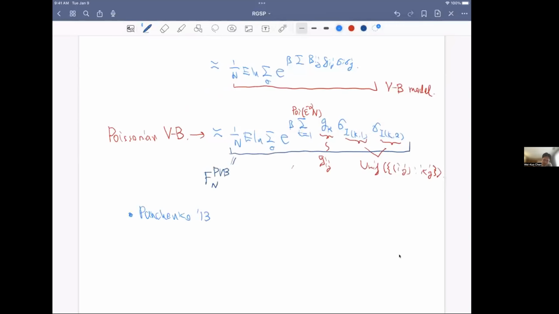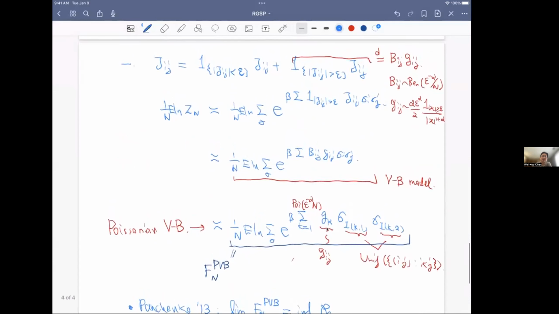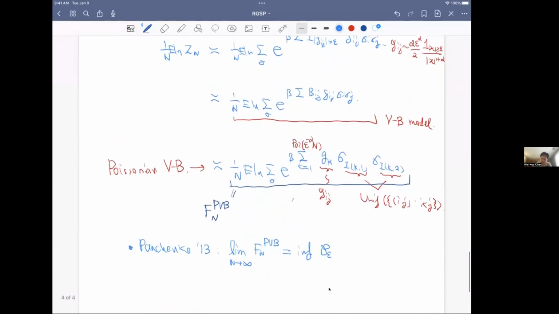He proved that the limiting free energy of the Viana-Bray model can be written as the infimum of a variational principle, a functional P parameterized by epsilon. This epsilon is the same truncation level that we introduced in the truncation.